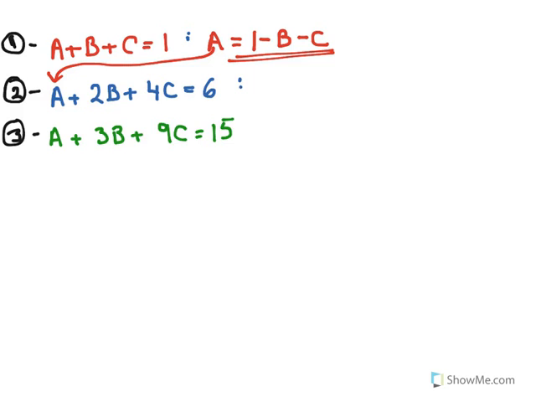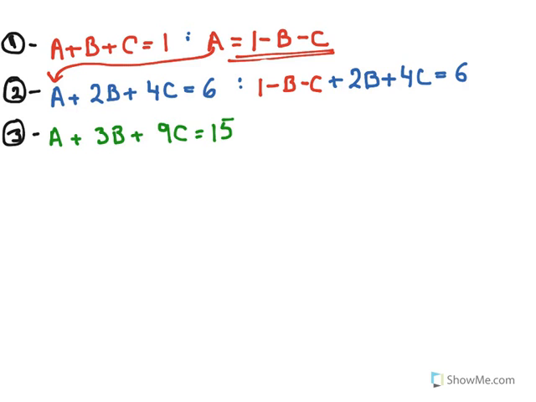Let's put it in red so it's really easy for you to see what we're doing here. Instead of writing a, we're going to write 1 minus b minus c, plus the rest of equation 2, which is plus 2b plus 4c equals 6.